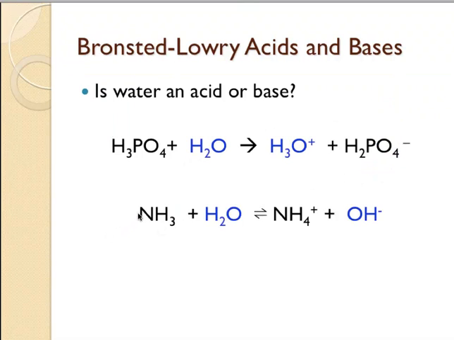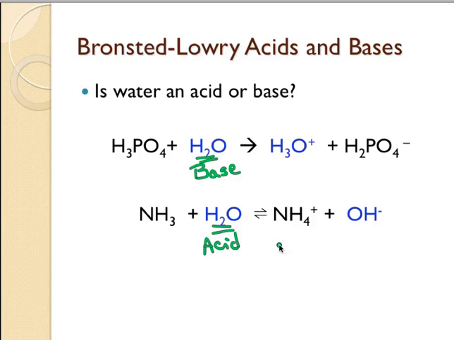Now if we look at the two reactions that we were looking at, we have water here and we have water here. If you remember from the example, the water here acted as a base, a proton acceptor. Here it acted as an acid. It donated its H to that ammonia to form ammonium. So is water an acid or a base?